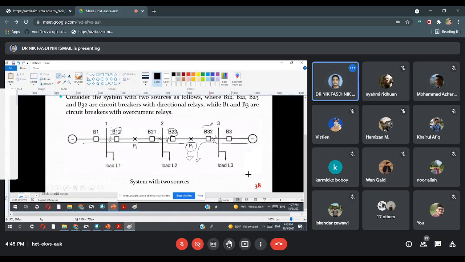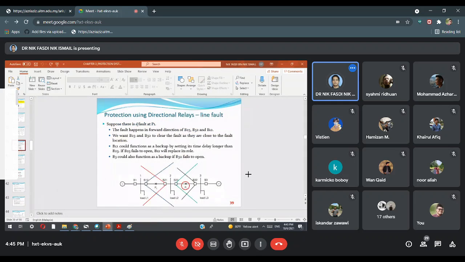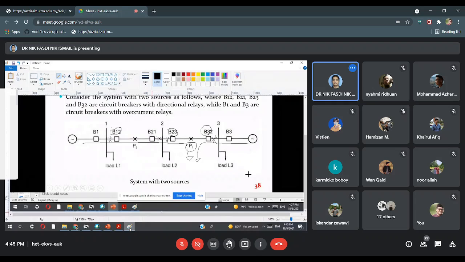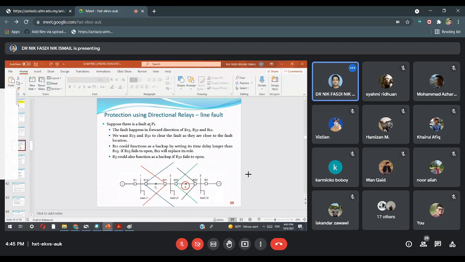So ini akan jadi forward. So ada B12, B23, B32 are the loop the current in the forward direction. Okay. So kan B23, B32 and B12. So B23, B32 and B12 are the condition of forward direction.